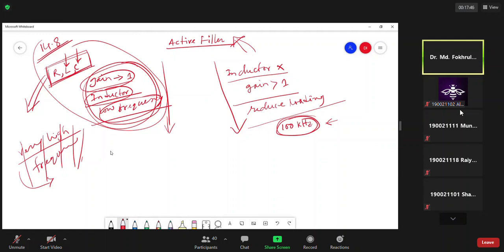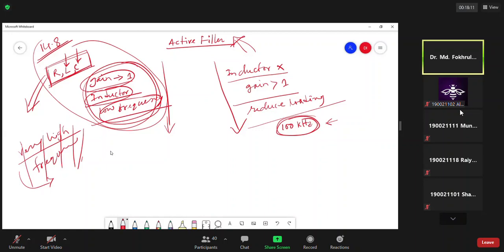Okay, so filters can be classified according to their order. What is the order? Order is nothing but the number of poles. From the transfer function we discussed earlier, we have seen that a transfer function can include one or more poles.